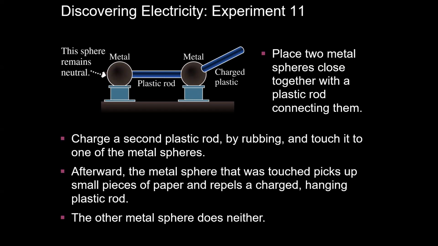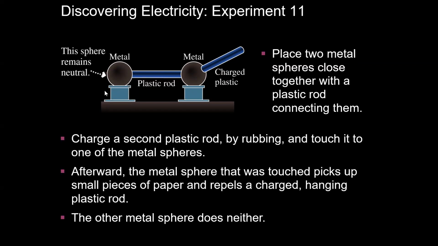If we charge the one on the right by bringing it into contact with the charged rod, what do we see? We see that the left metal sphere does not acquire electric charge. Evidently, the charge given from the rod stays on the right metal ball. It does not move through the plastic rod to get to the left metal ball.